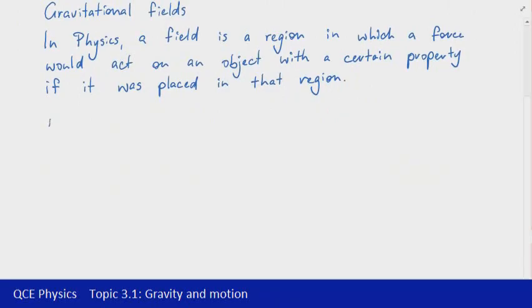If we look at the definition for a gravitational field, this is one of those dot points, something that you need to be able to basically explain pretty much word for word, but also have a good understanding of.